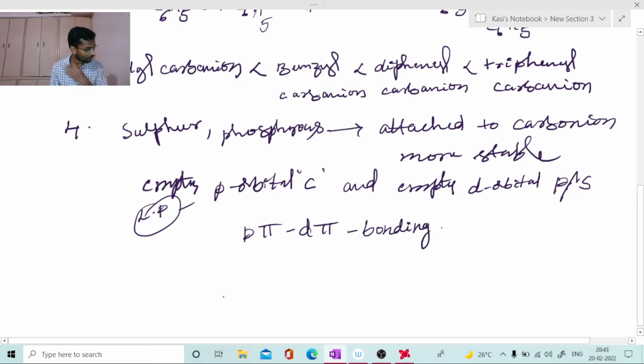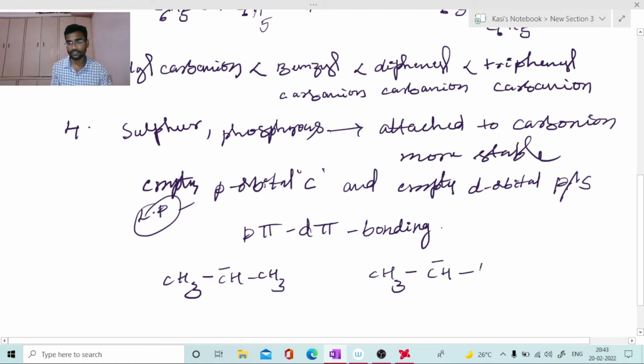Suppose I take one example here. CH3 CH minus CH3, and one more case, CH3 CH minus with phosphorus (C6H5) thrice. In these two cases, which one is the most stable? Can you expect?